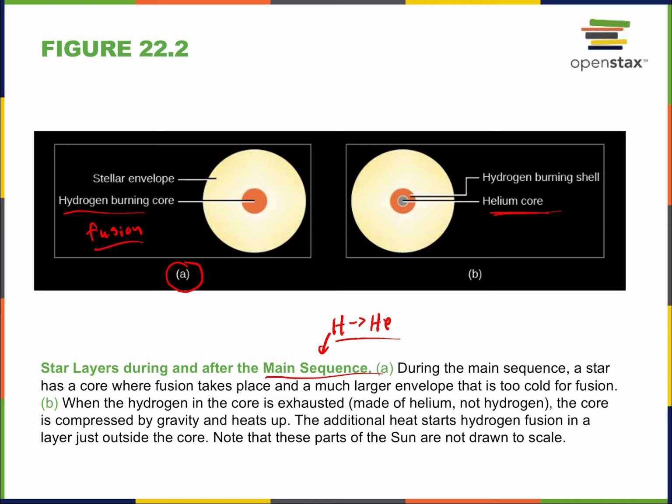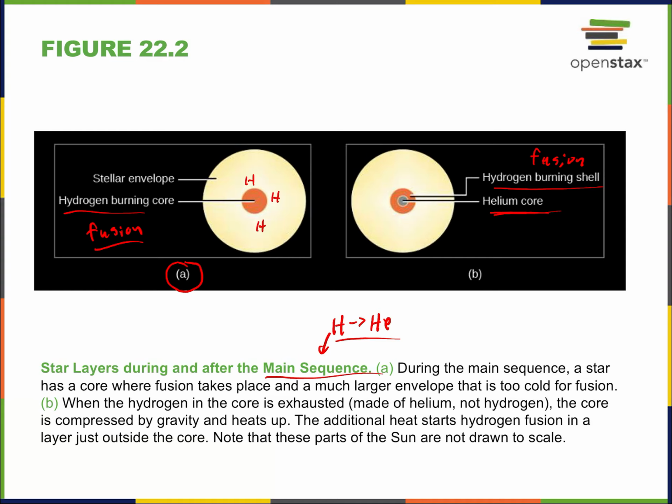As the helium core collapses, it heats up the immediate vicinity of the star, and thus a hydrogen burning shell is formed. There was always hydrogen outside of the core, but it wasn't hot enough to fuse. But when the core collapses and generates heat, finally that hydrogen does start to fuse, and we have a hydrogen burning shell. And by burning, we mean fusion.